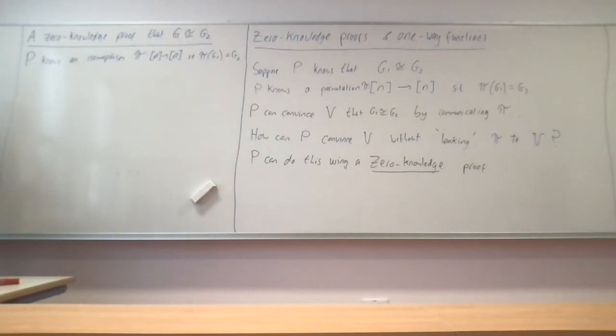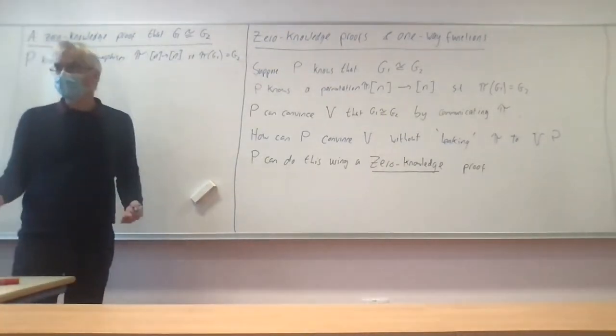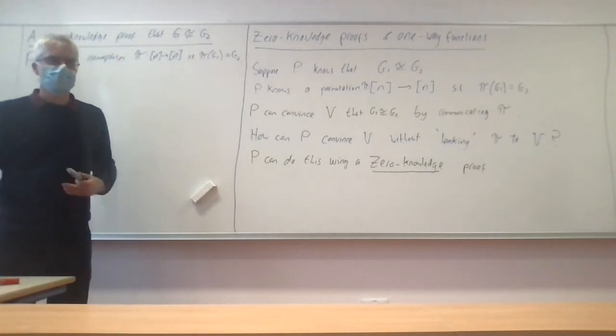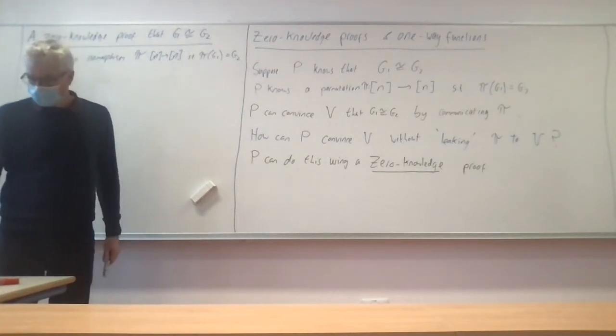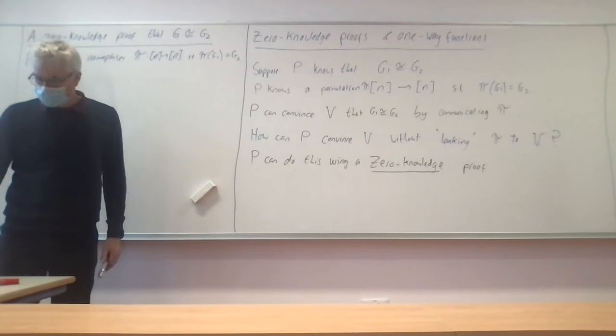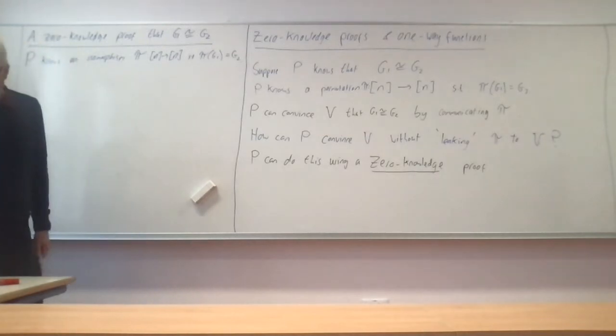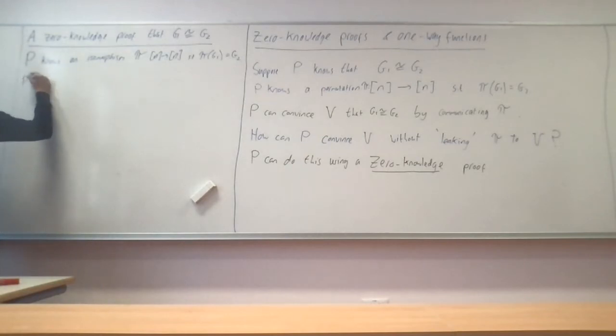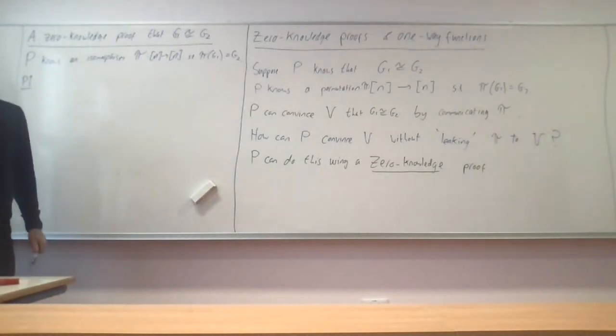So it's going to be an interactive proof. P is going to say some things, the verifier is going to respond, and so on. They interact with each other until the verifier makes a decision at the end. P1, meaning round 1 of P, goes first in this case.